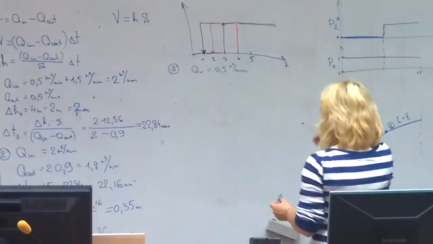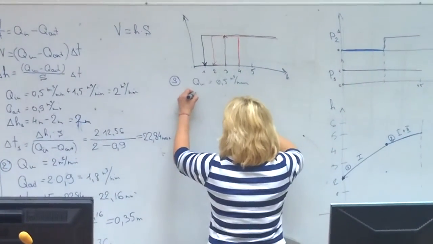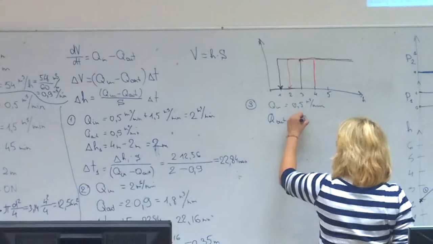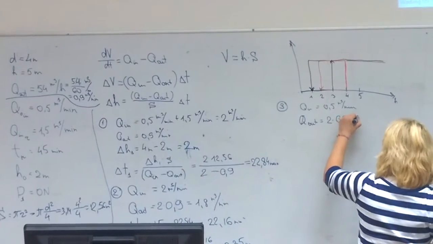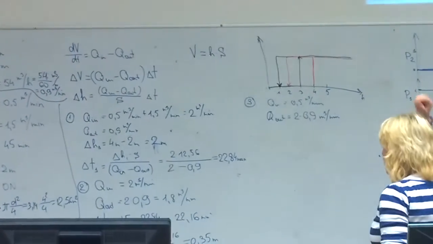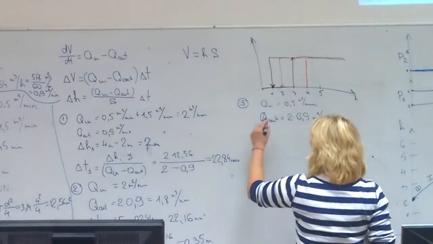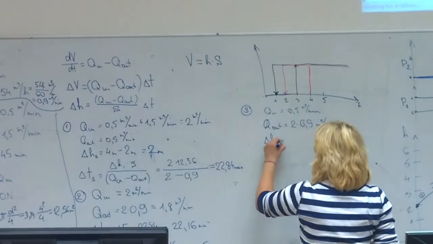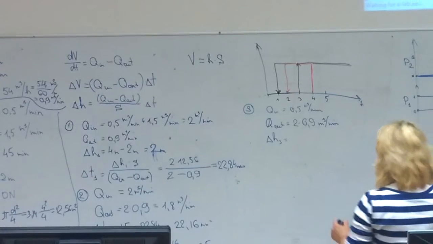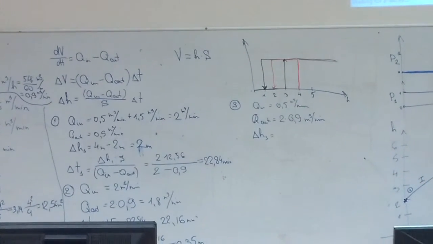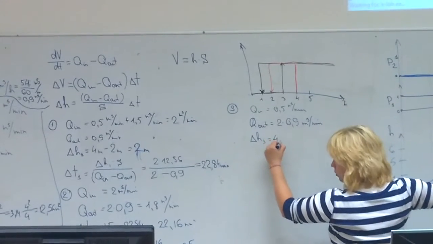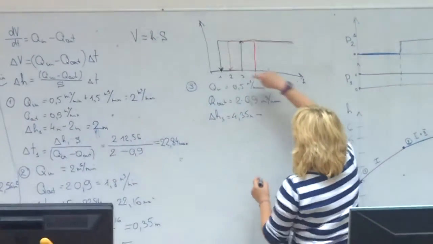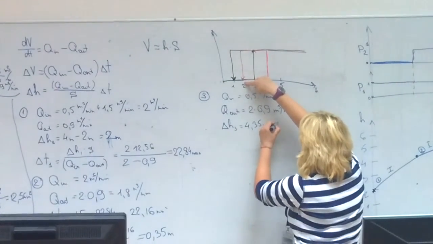So basically, that means that our outflow changes. And the change of the condition will be only when we reach that point, so delta height 3 will be equal to our actual condition point, 4.35 meters, minus the case when we turn off one of the pumps.